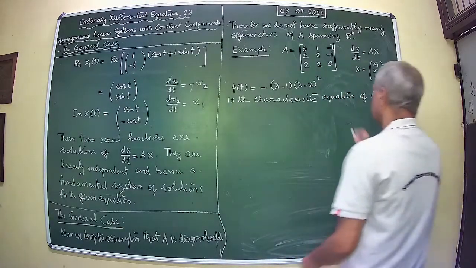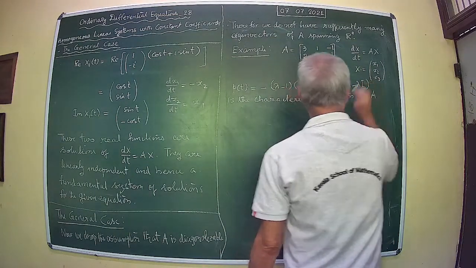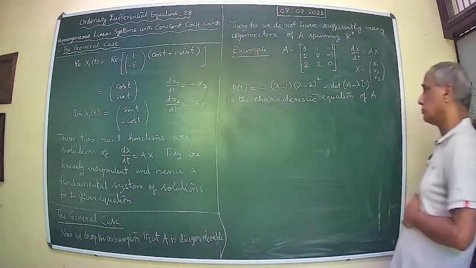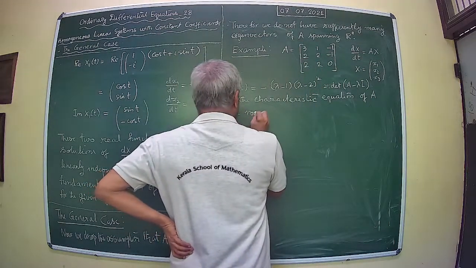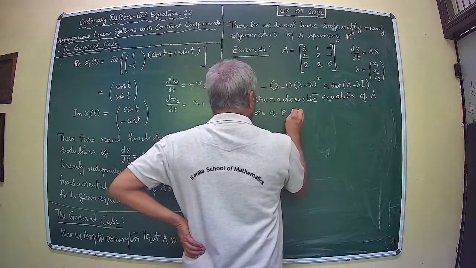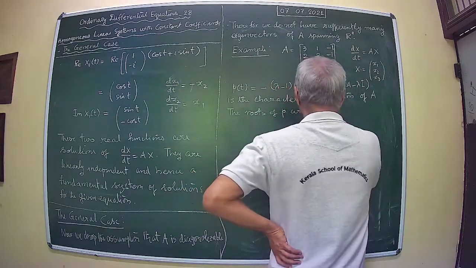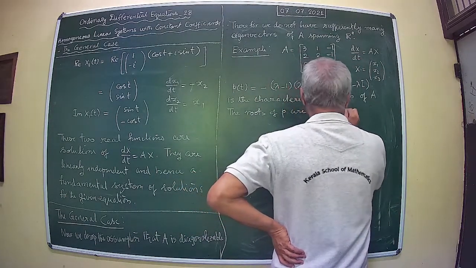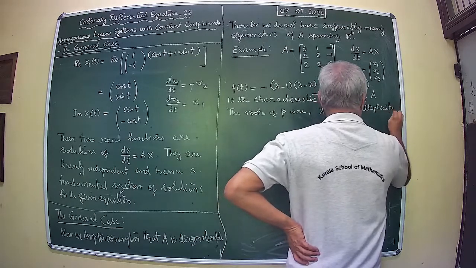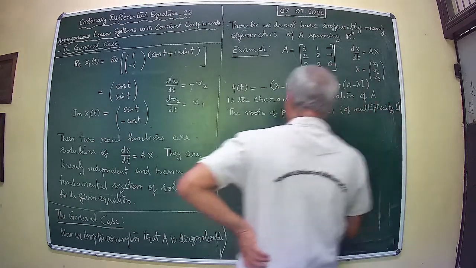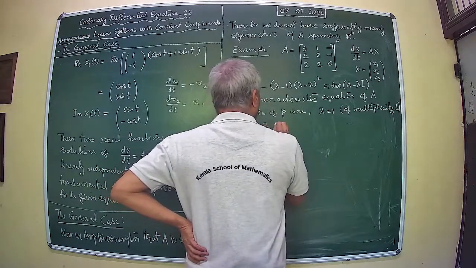That is determinant of A minus lambda I. Therefore the roots are lambda equal to 1 of multiplicity one and lambda equal to 2 of multiplicity two.